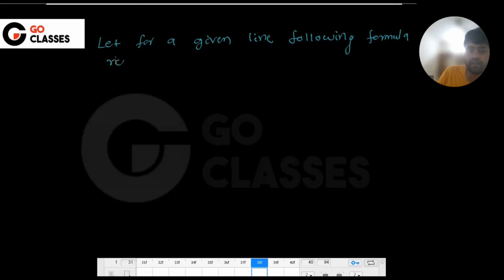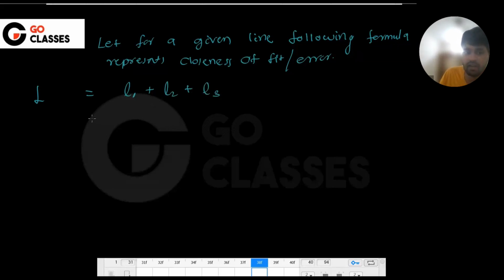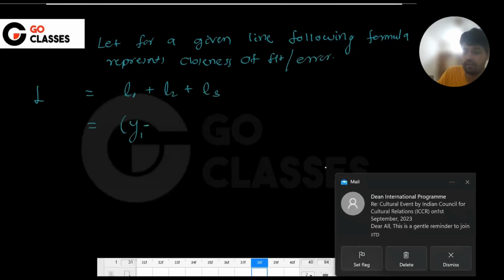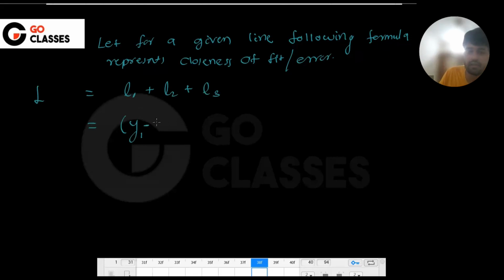The formula is: L is equal to L1, error in the first point, plus L2, error in the second point, plus L3, error in the third point, which is nothing but y1 minus mx1 minus c, whole square, for a given line with parameters m comma c.